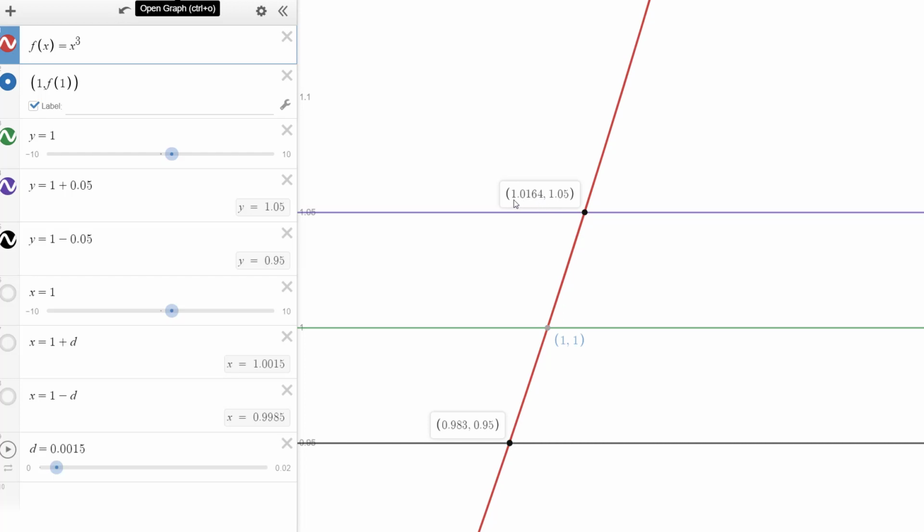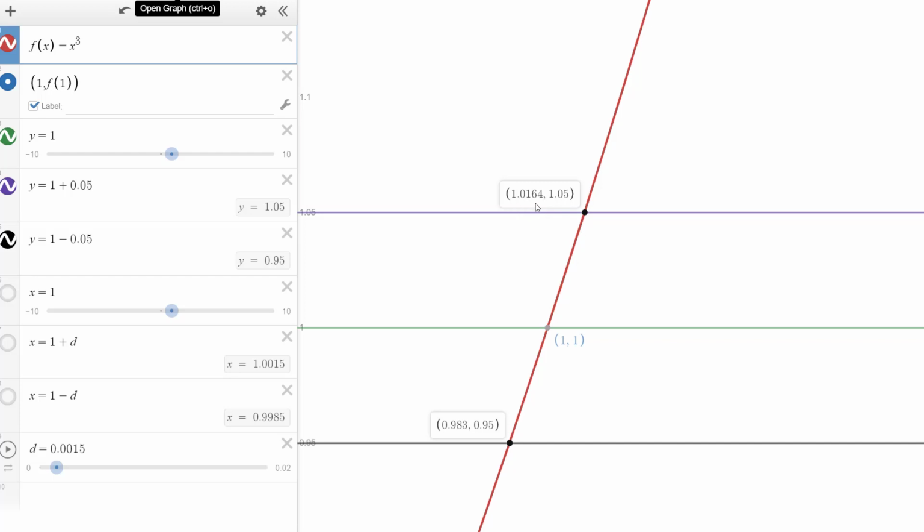You can see one delta is at 1 plus 0.0164, and the other delta is at 1 minus, what is that, 0.017? So of those two, you would just take 1 minus 0.983 to find out that's 0.017. So of those two, the smaller delta is actually 0.0164.